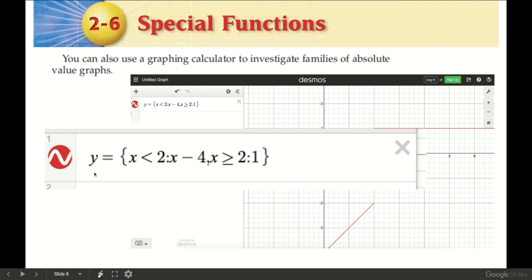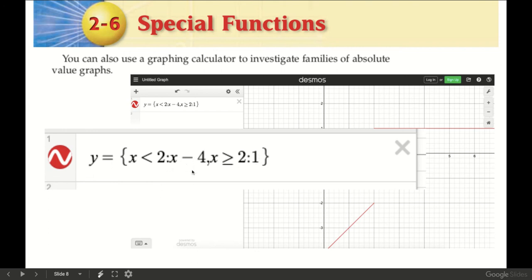Again, here's an example of how we type things out. This is for all x values less than 2. It's going to graph the line x minus 4, and then it's separated by a comma to show the next piece, where for all values of x that are greater than or equal to 2, it's going to make a horizontal line at 1, right? So this would be like y equals x minus 4, y equals 1.